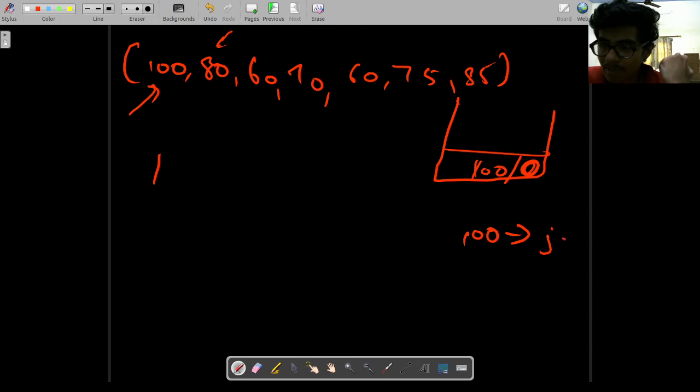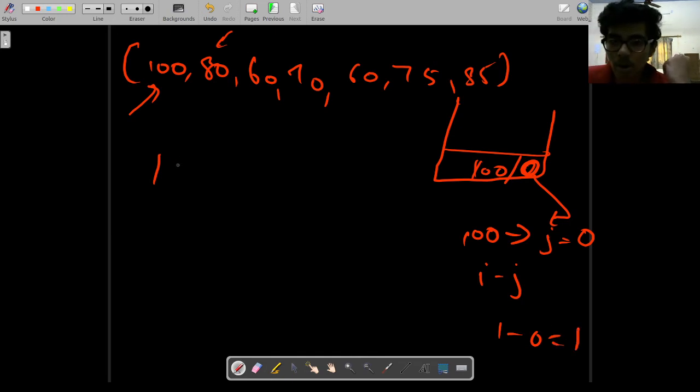So this means that my j is equal to 0. Now I will put I minus j. This means the stack is not empty and all the elements between these are going to be included. So it is 1 minus 0, and the answer for this is also 1.